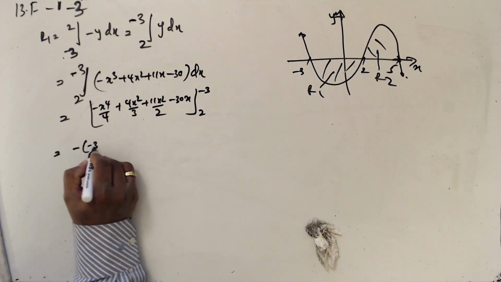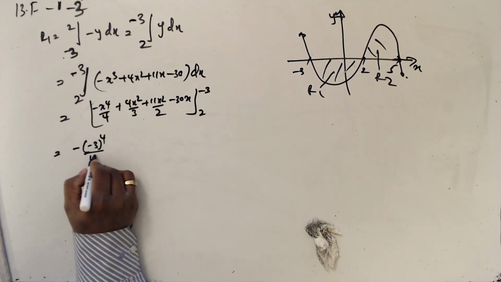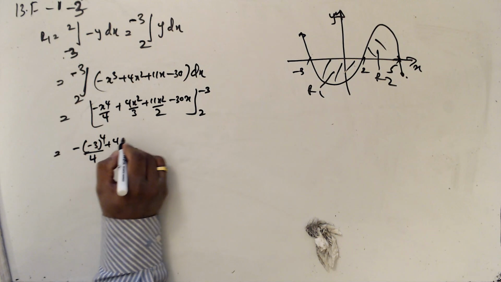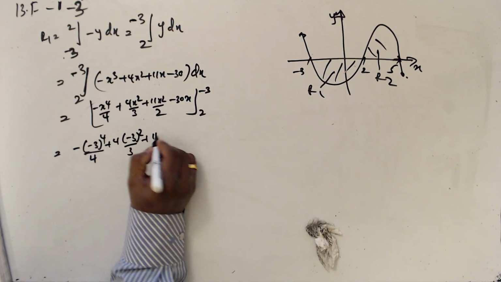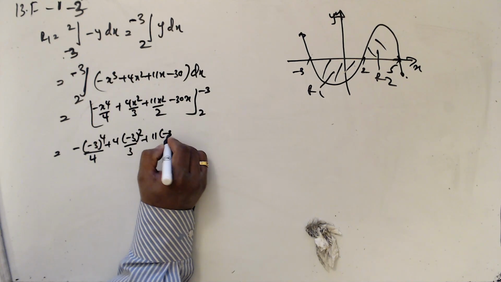Minus 3 to the power 4 over 4 plus 4 times minus 3 cubed over 3 plus 11 times minus 3 squared over 2.